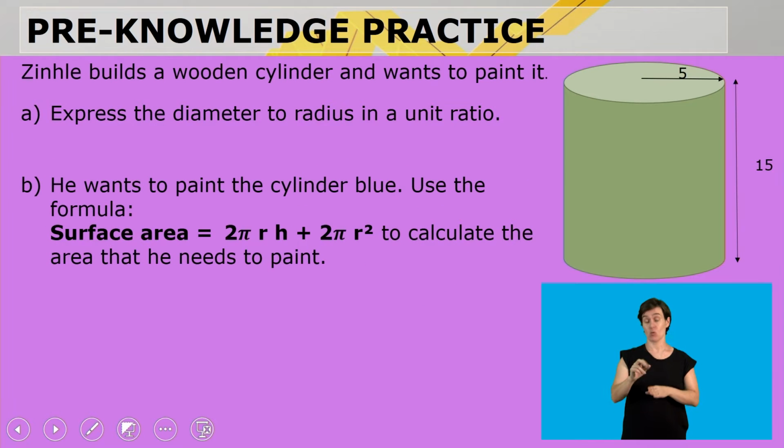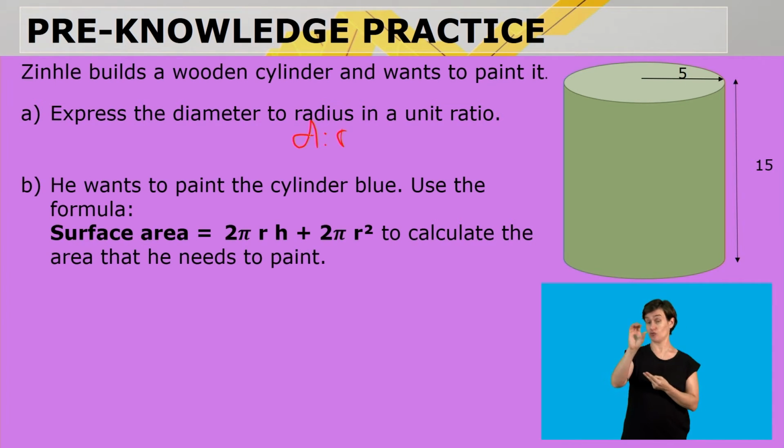Let's look at some practice. Zintle builds a wooden cylinder and wants to paint it. Express the diameter to the radius in a unit ratio. So now we know we want the diameter to the radius in a unit ratio.